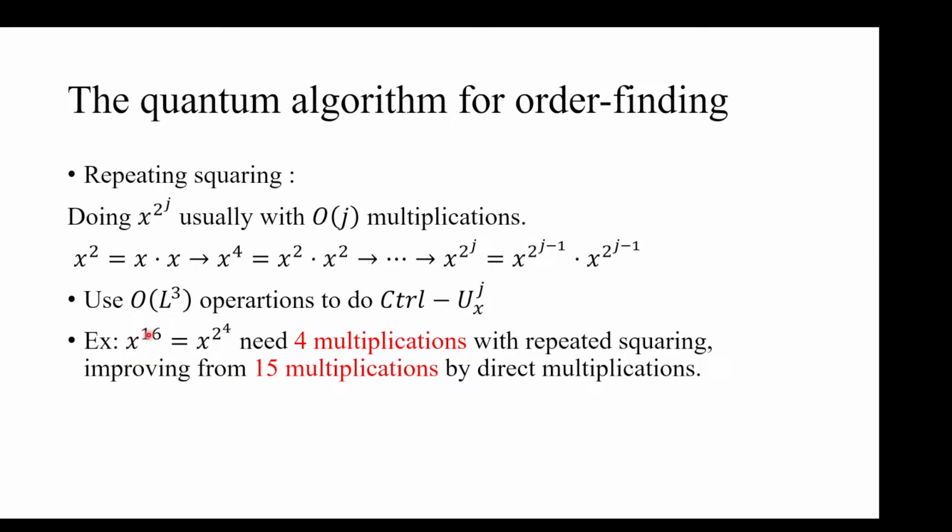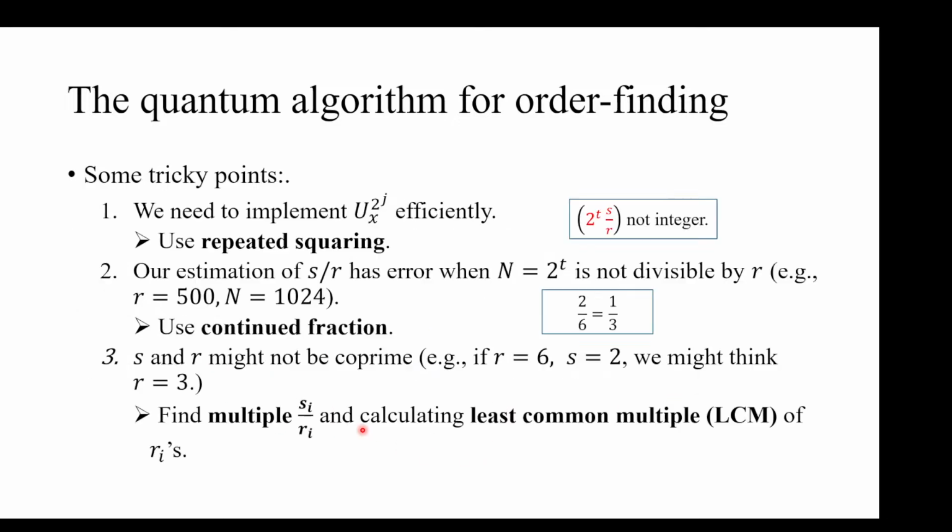So for example, if you want to get x to the 16, then you only need to do 4 multiplications. This is an exponential improvement compared to just multiplying x one by one. If you get x16 by multiplying a whole bunch of x together, that's direct multiplication, we need 15 multiplications. So that's repeated squaring that lets us do phase estimation efficiently.